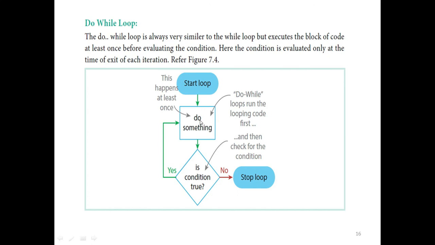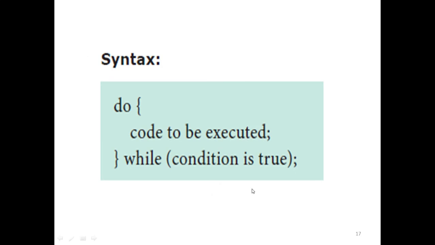Do while runs the loop code first and then checks the condition. If it is true, do something. If it is false, stop. Okay, like this. The syntax of do while is do, code to be executed, while condition. Very simple. The condition is at the end.